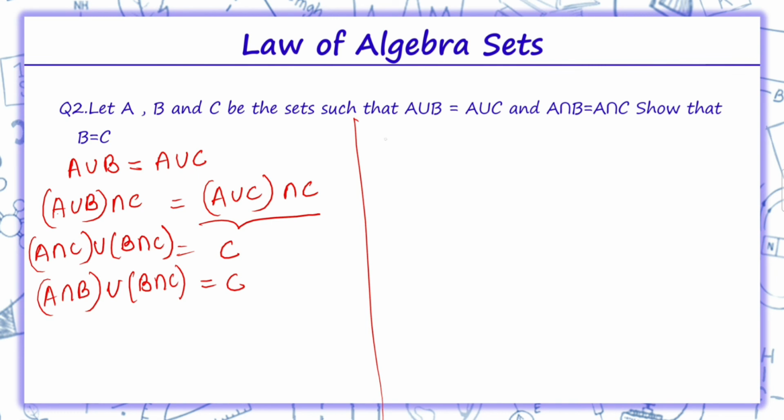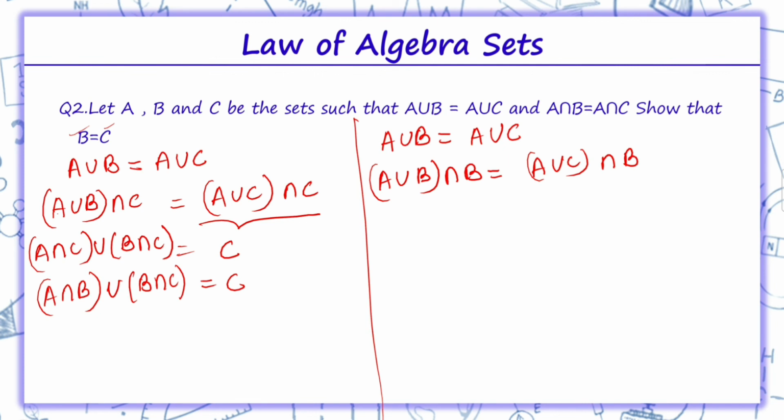For the second part, again we have A union B is what? A union C, because here we have to prove B and C. Now we'll put intersection B on both the sides. So (A union B) intersection B will be equal to (A union C) intersection B. Over here again we'll get B because it's the same value. Now when we solve, we'll get (A intersection B) union (C intersection B).